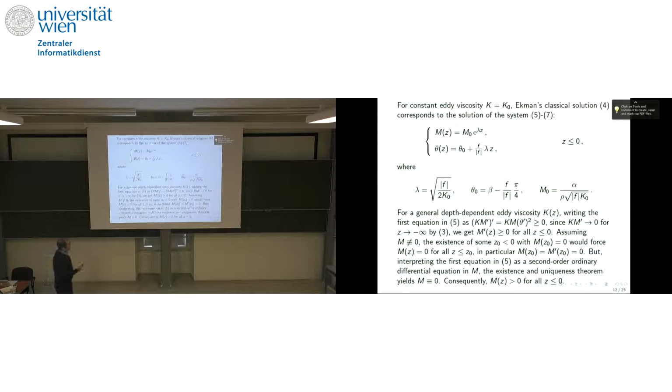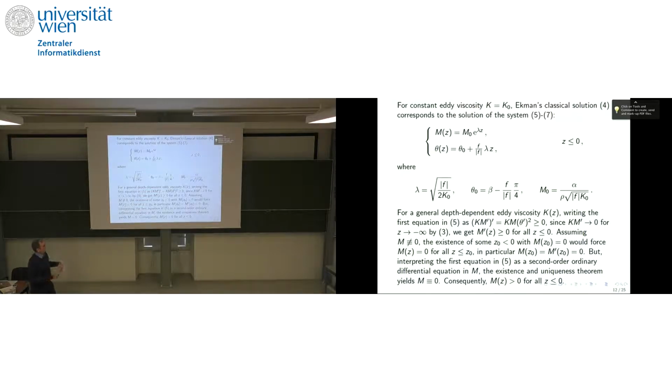For a general depth-dependent eddy viscosity, the first equation in this polar system, you can read it off and see that it's this. Now this is positive, so this is an increasing quantity, right? And it decays down, so there it's 0, it's positive, so M prime has to be positive.